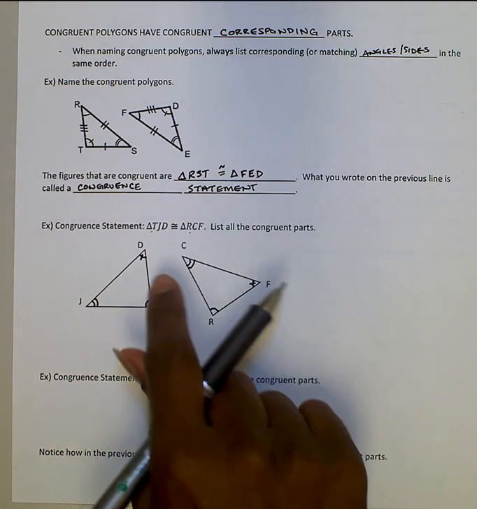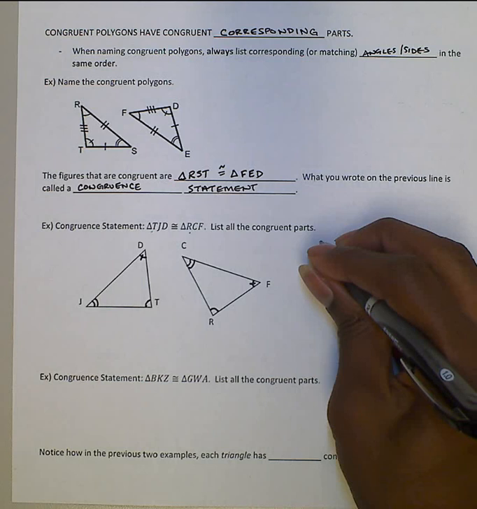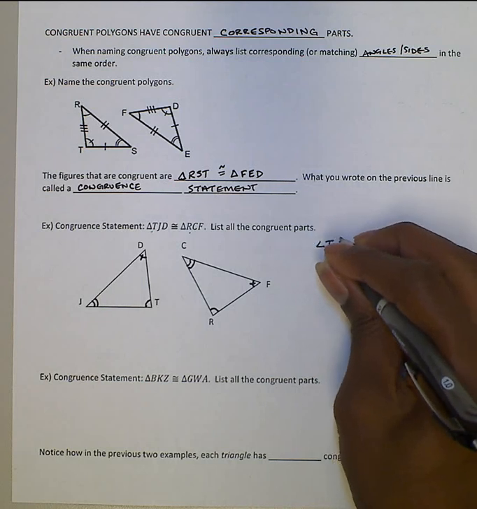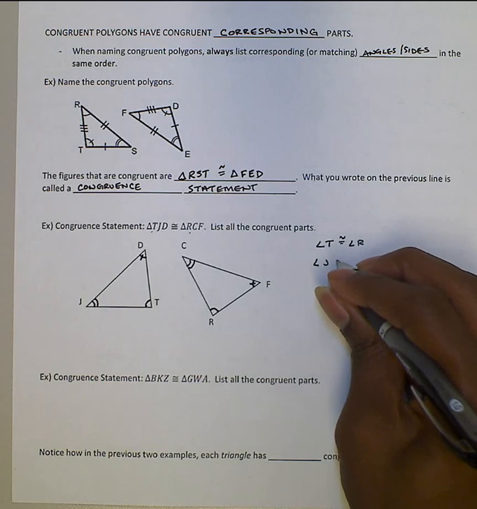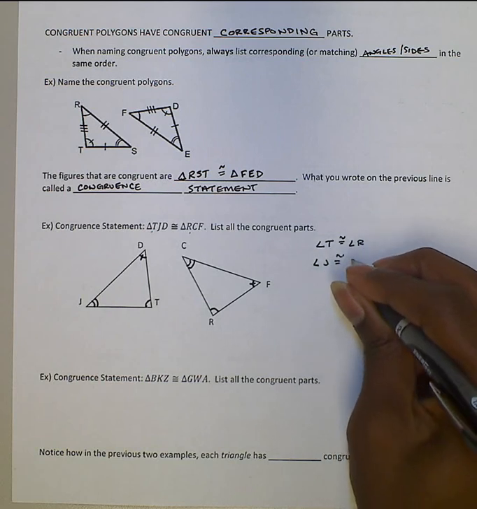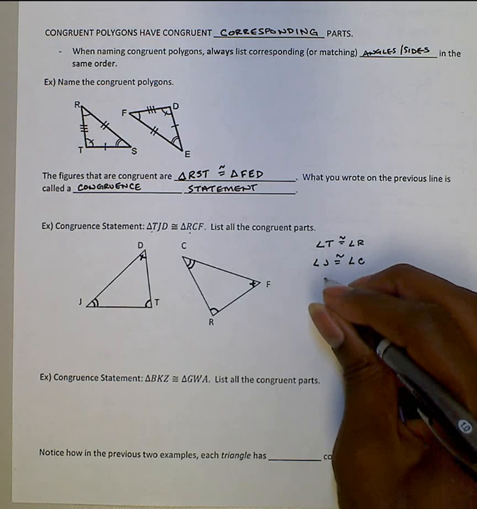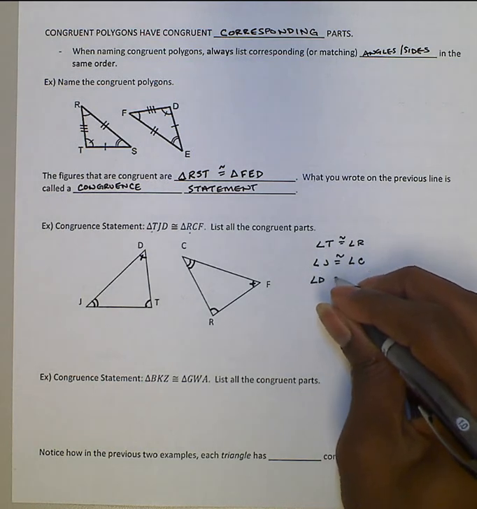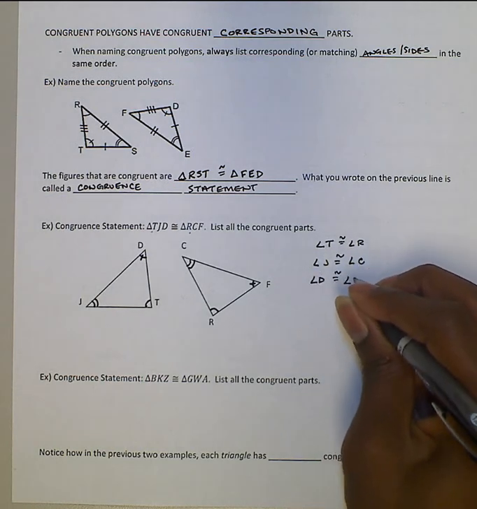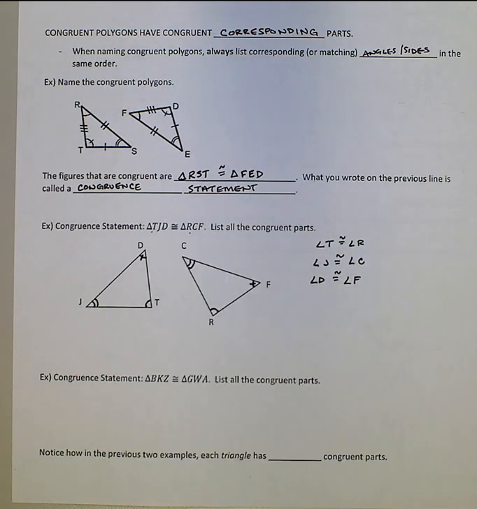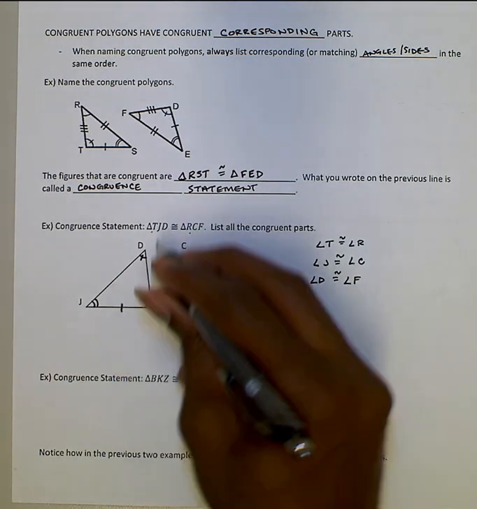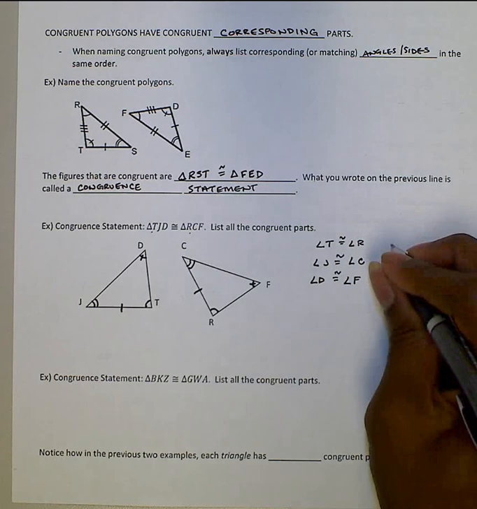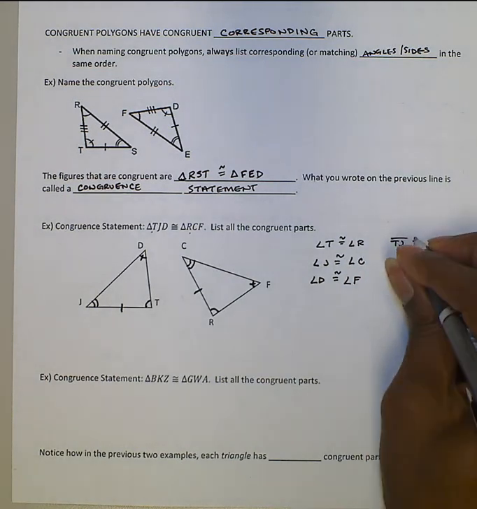So then what I just said was, angle T is congruent to angle R. Second, I can say angle J is congruent to angle C. And then I can also say that angle D is congruent to angle F. And that's all from the markings. Remember, we got that from the name. Also, I can say TJ is congruent to RC.